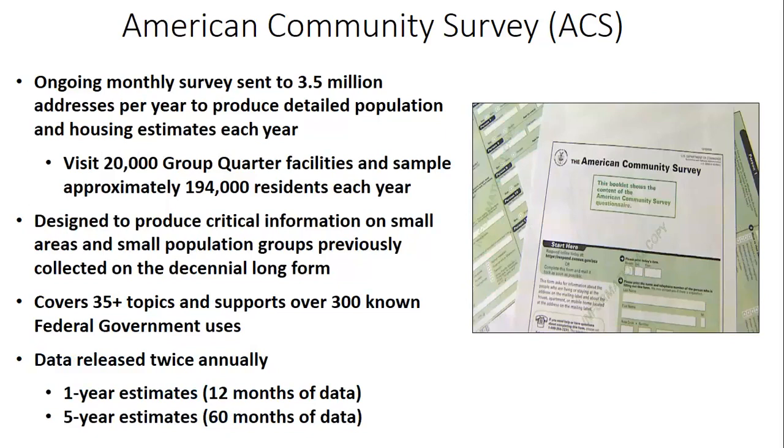We do visit group quarters, 20,000 group quarters, and those are such things as college dormitories and nursing homes. It's designed to produce critical information on small areas and small population groups that we previously collected on the decennial long form. It does cover 35 topics and supports over 300 known federal government uses. And the data are released twice a year as 1-year estimates and as 5-year estimates.